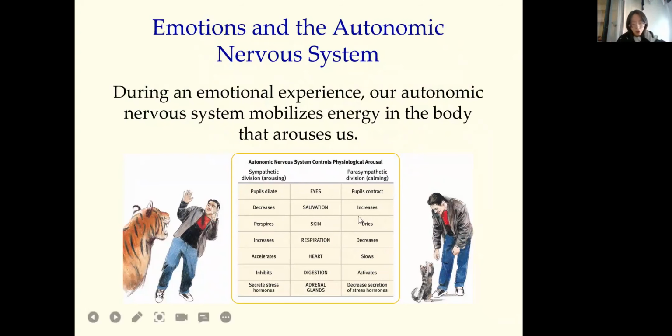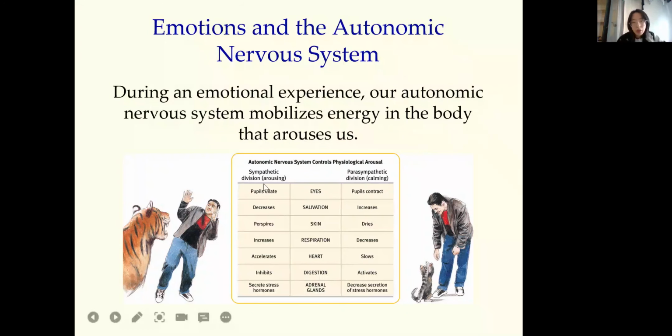Now we're going to look at this chart. When we face a tiger, we feel scared, and we can see the eyes, salivation, skin, respiration, heart, digestion, and adrenal glands. These body parts are all involved in our emotion of being scared.